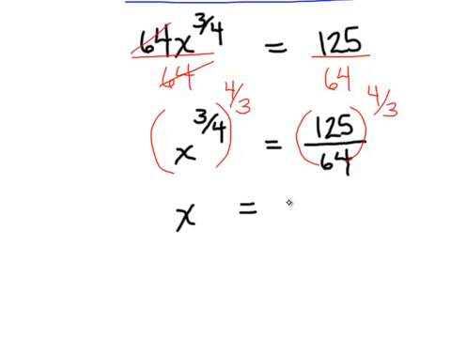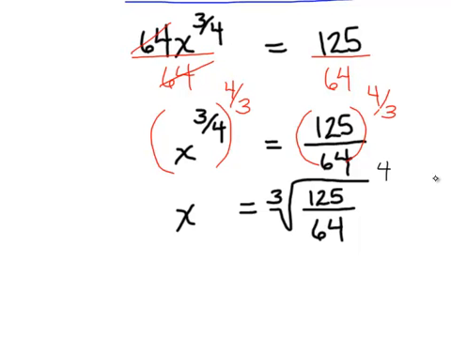But that wouldn't be nearly as much fun as working it out myself. So I'm going to rewrite this using a radical. That is going to be the cube root of 125 over 64 raised to the 4th.